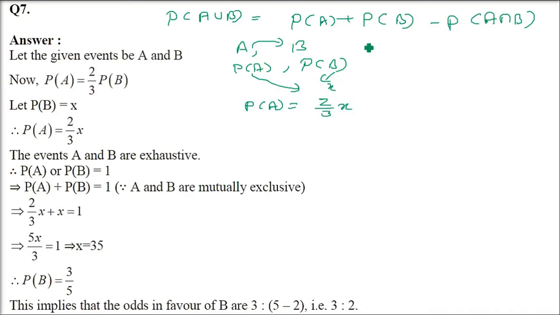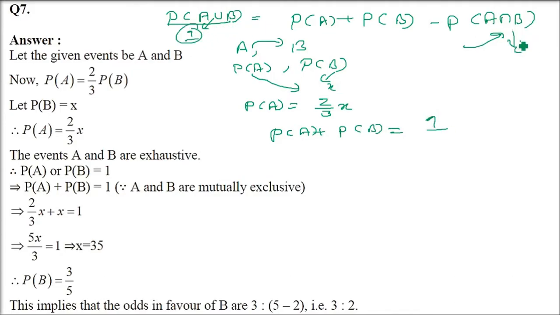Now PA plus PB will be what? Because they are mutually exclusive, as clearly given here, one of the two events must happen. So A intersection B is 0. Now there are only two events, so P(A union B) will be equal to 1. So PA plus PB equals 1.